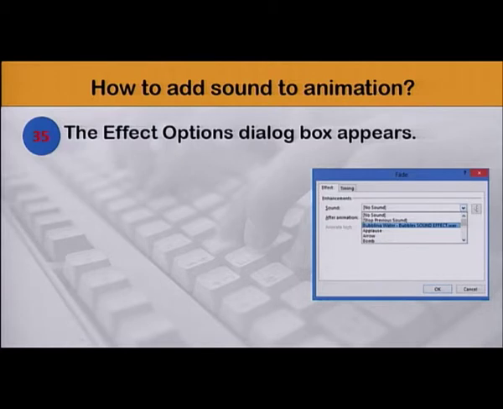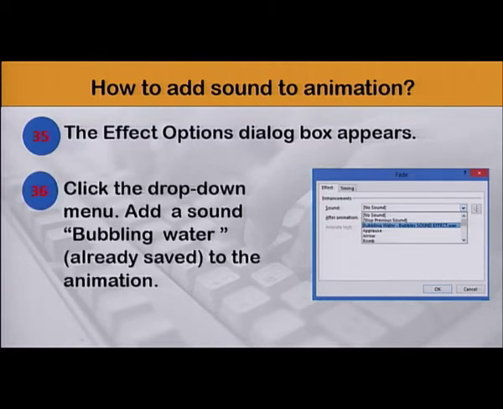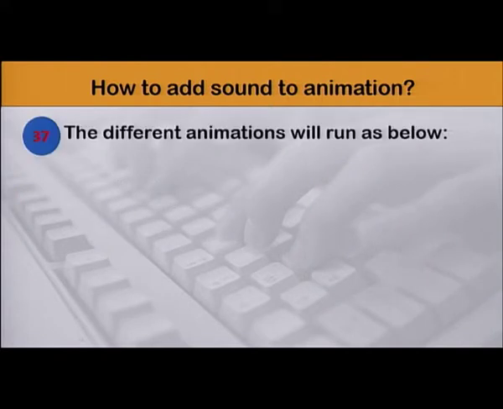The Effect Options dialog box appears. Click the drop-down menu, add a sound, bubbling water, which is already saved, to the animation. The different animations will run as below.